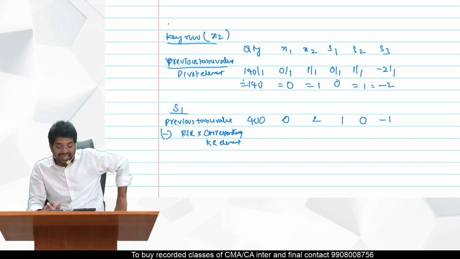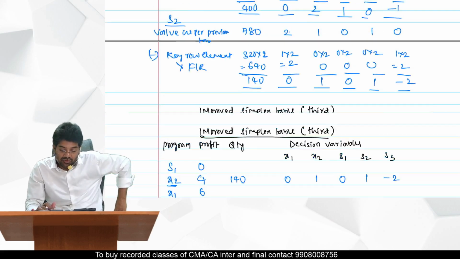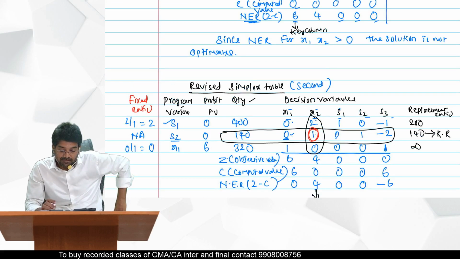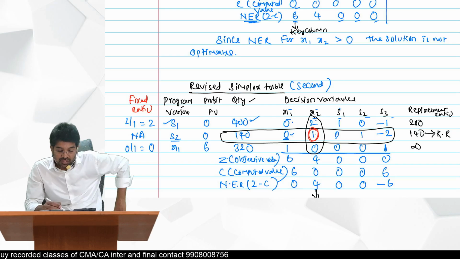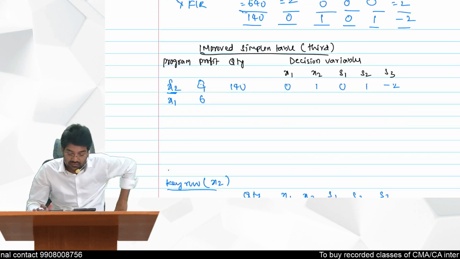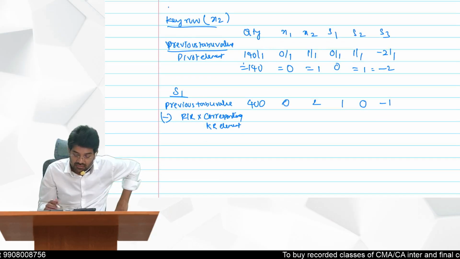For quantity, first of all, what is the quantity? 400. The corresponding key row value is 140. 140 into 2, 280.